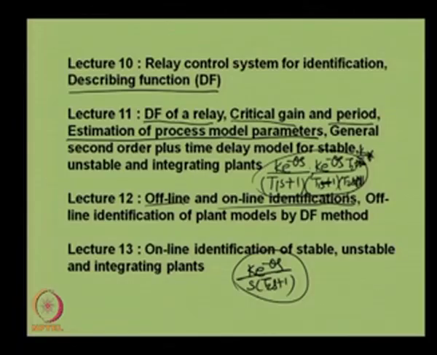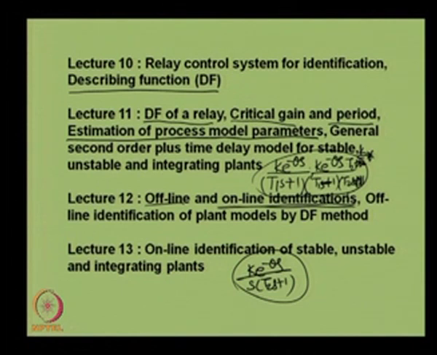In the offline identification, the controller will be replaced by the relay, whereas in the online identification, the controller will always be in action, in the loop, and the relay will be connected in parallel with the controller. That gives us online identification schemes for different types of closed loop control systems.